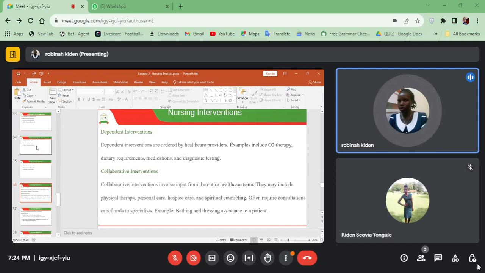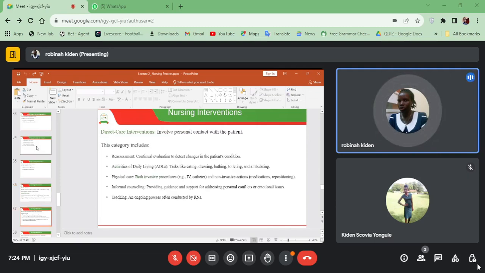Then we have care interventions. These involve personal contact with the patient, and this category includes reassessment, so continued evaluation to detect changes in the patient's condition. Then activities of daily living or ADLs, tasks like eating, dressing, bathing, toileting, and ambulating.